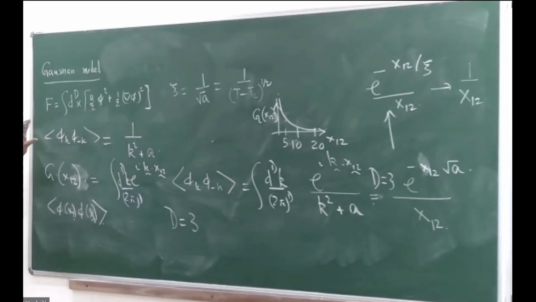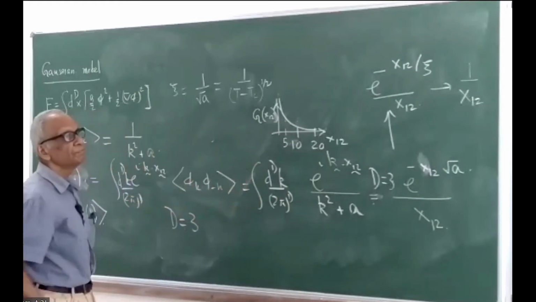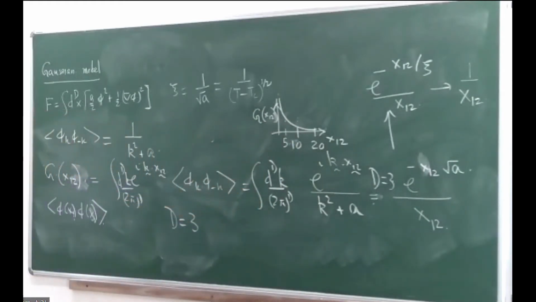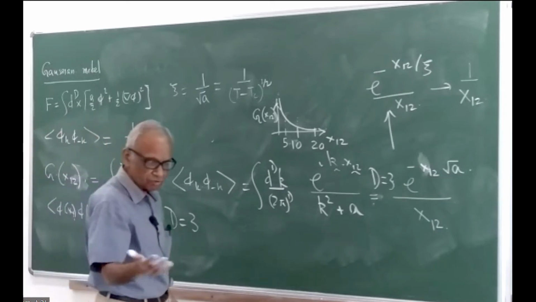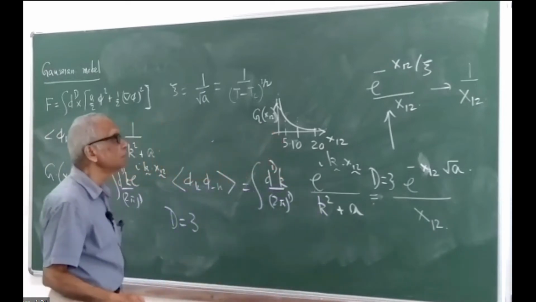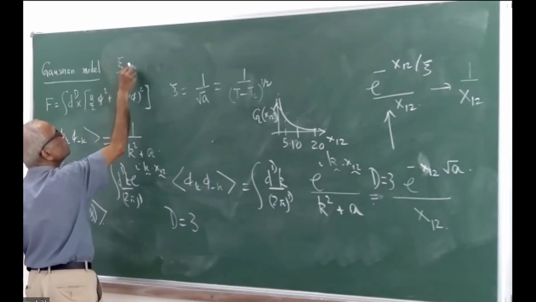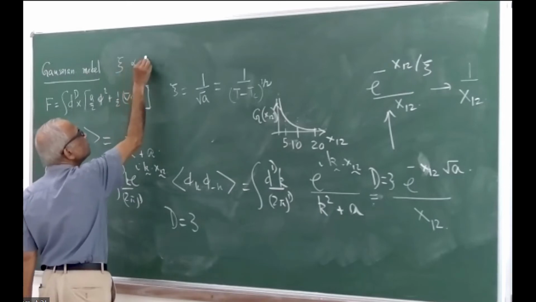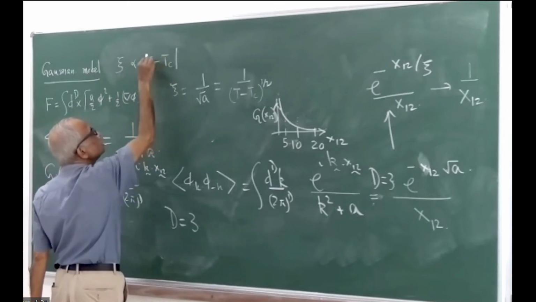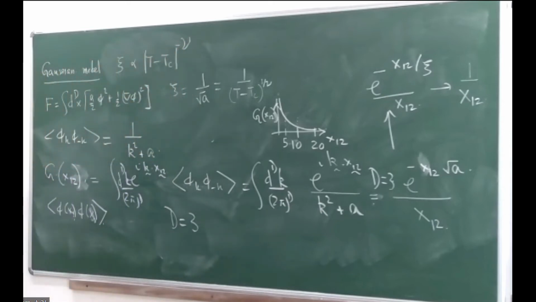The system is scale free at t equal to tc and has a scale, which is the correlation length of the system, at temperatures which are not Tc, whether above or below. And therefore the xi, the correlation length, behaves as T minus Tc, has a divergence, T minus Tc to the power minus nu.